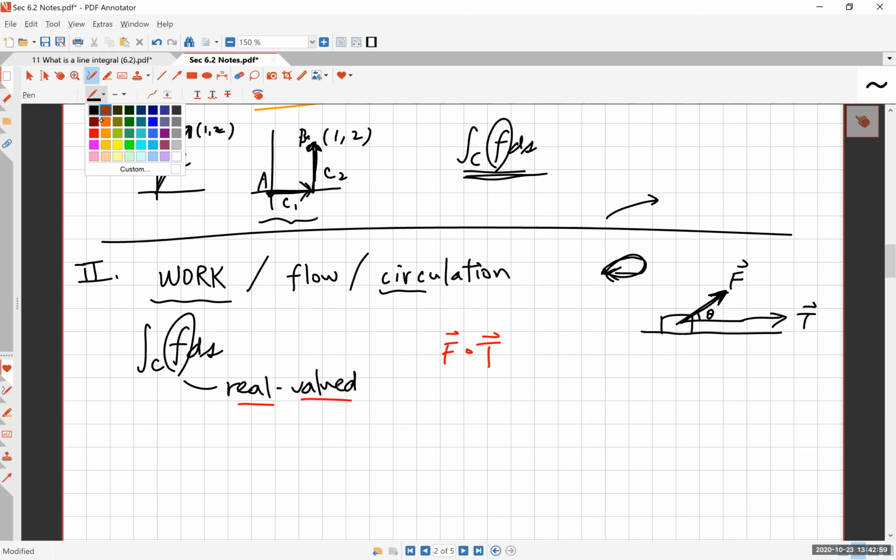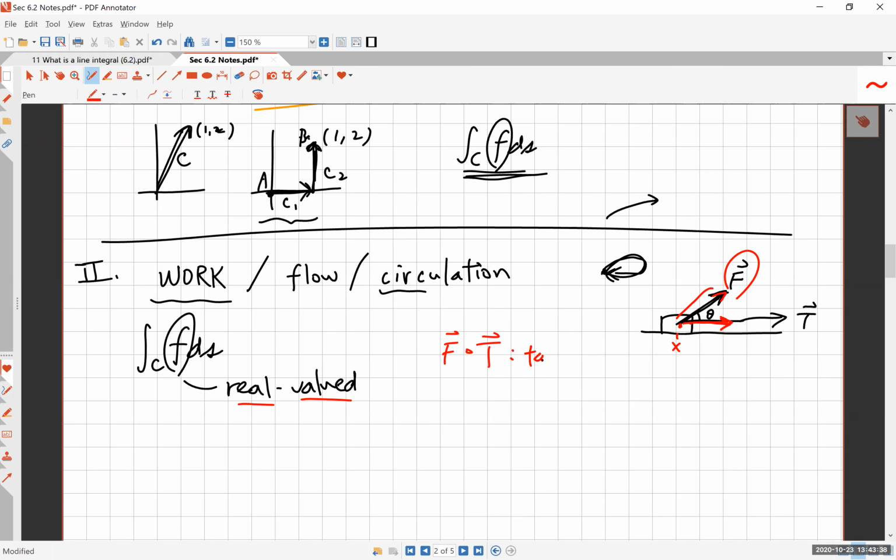In order to calculate how much force is exerted onto this object in the direction of the motion, which is what you need, the length of this red arrow, or the red vector, is the tangential component of that force F. Consider capital F to be the vector field. The length of F is not what we need. What we need to calculate at each point of this motion is how much of the force F is actually moving this object in the direction of capital T. So that's the tangential component.